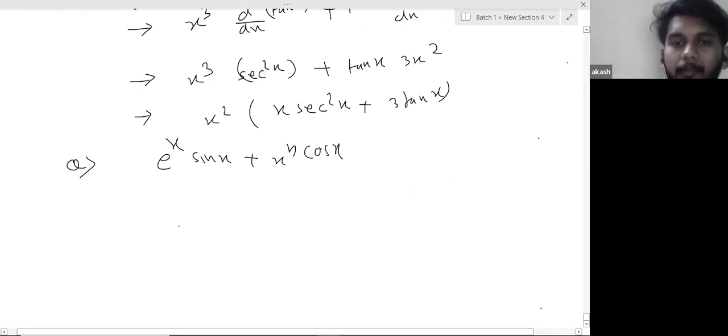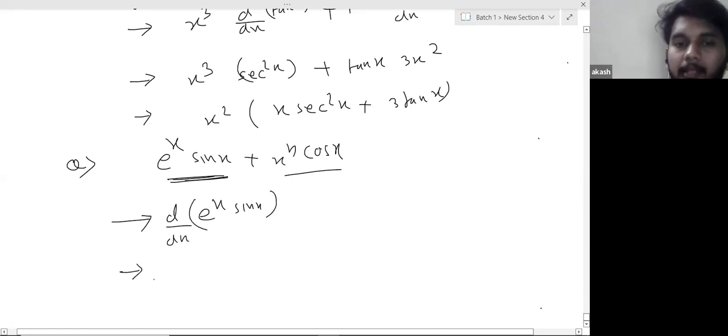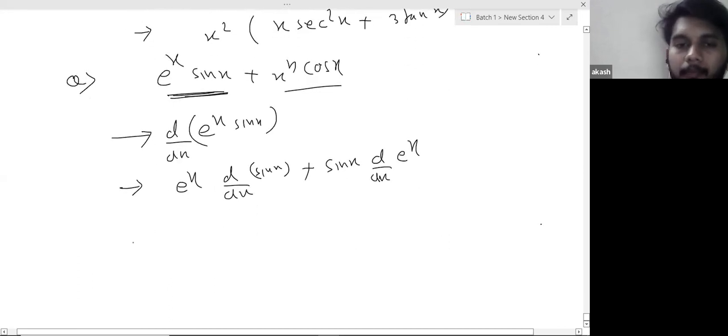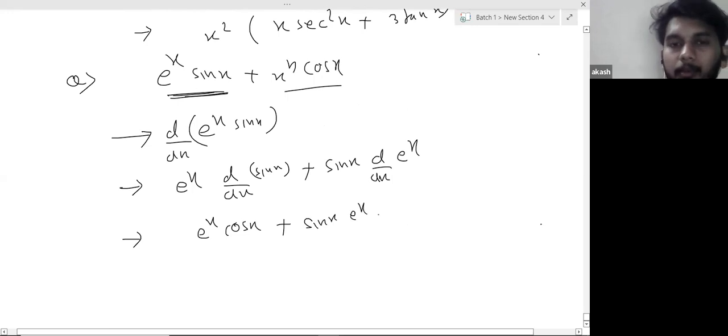All right, how to solve this one? First, differentiate this, then this, add both, right? So differentiating this, what we get is take the first function, differentiation of second function, plus second function, differentiation of first function. So this is e raised to the power x cos x plus sin x e raised to the power x.